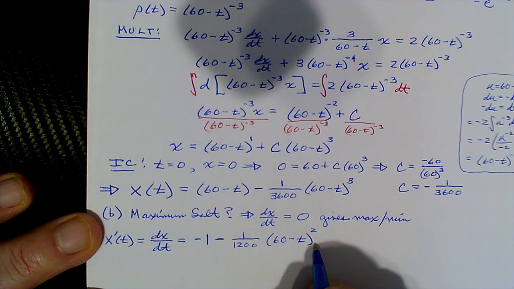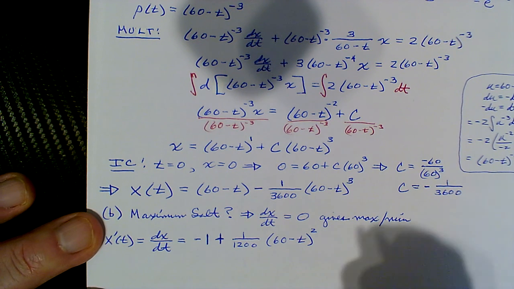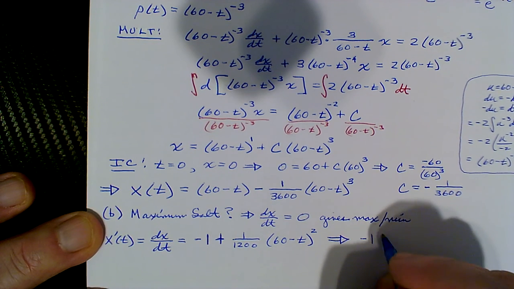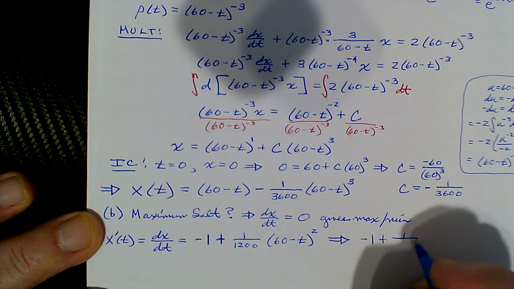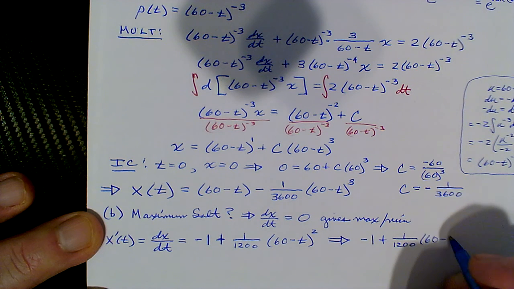Then don't forget the derivative of what's inside, and the derivative of negative t is negative 1, so that makes this positive. So then the maximum occurs when negative 1, when this quantity is 0, basically.